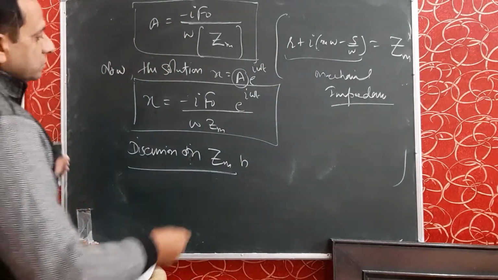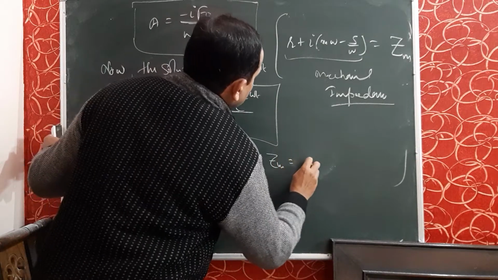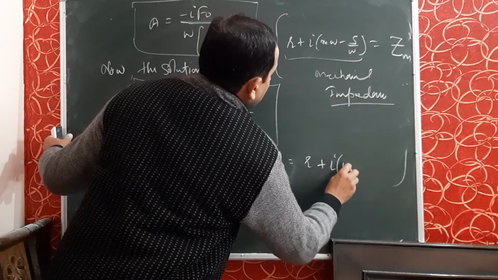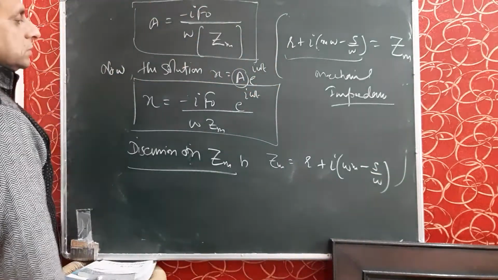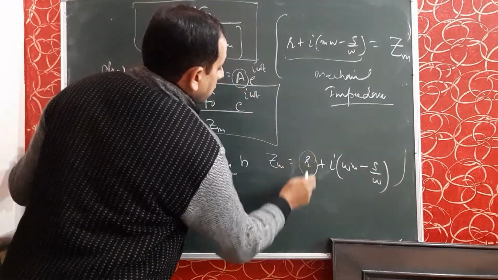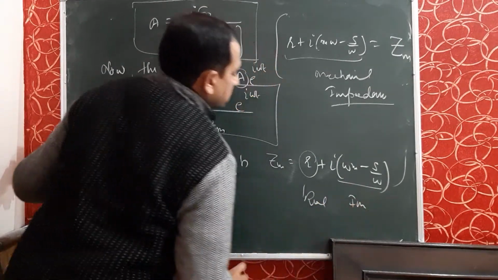So what is this impedance? Zm is equal to R plus iota omega m minus s by omega. The first part is the real part and this is the imaginary part.